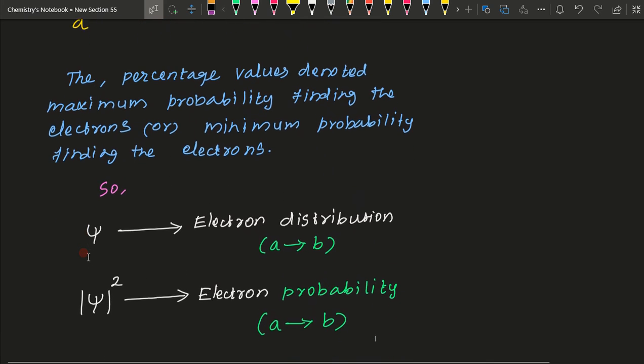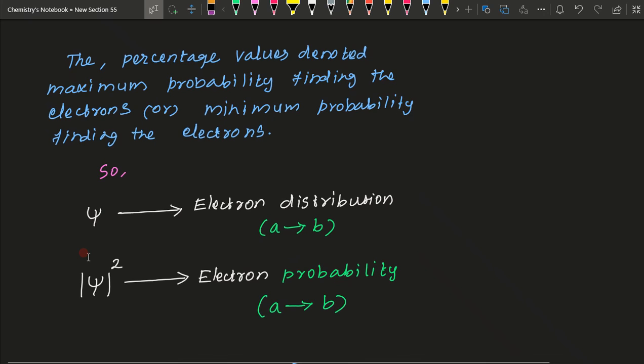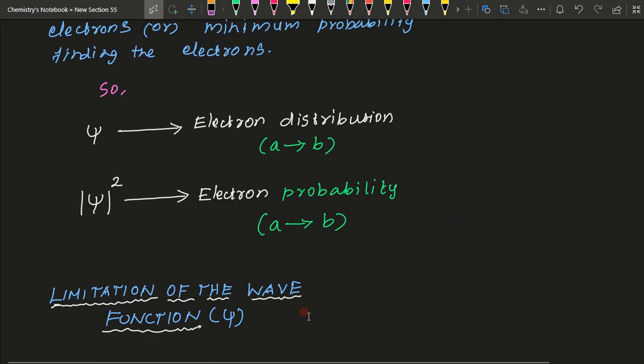So psi gives the electron distribution, and psi star gives the electron probability, within the two boundary conditions.